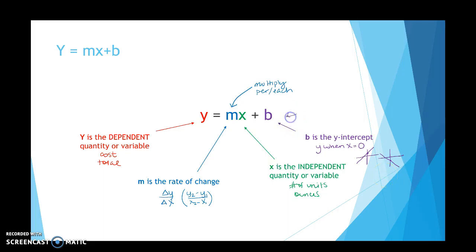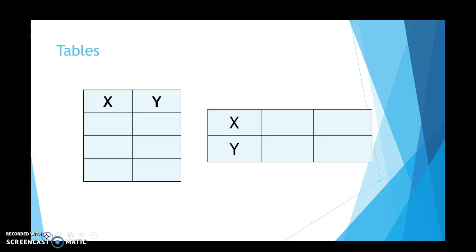So you're looking for adding or subtracting. This is usually like a deposit, a one-time fee, or a starting point. Okay, so now that we've dug deeper into the equation, let's take a look at some examples.